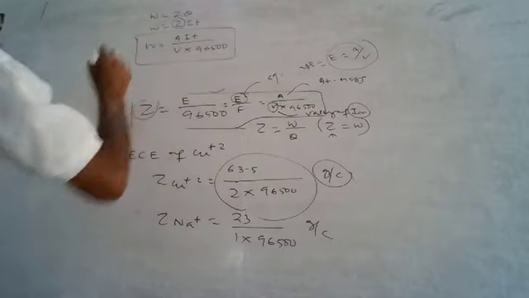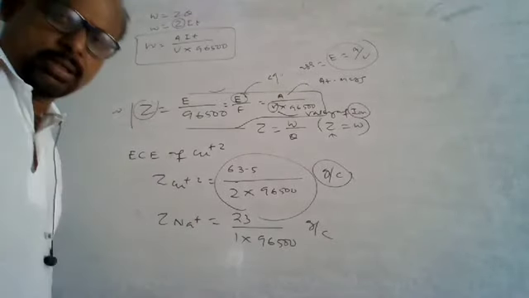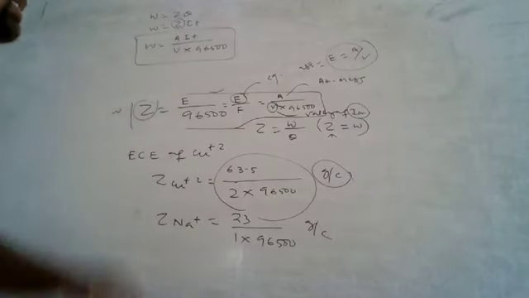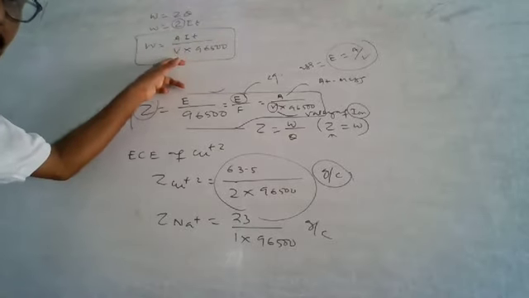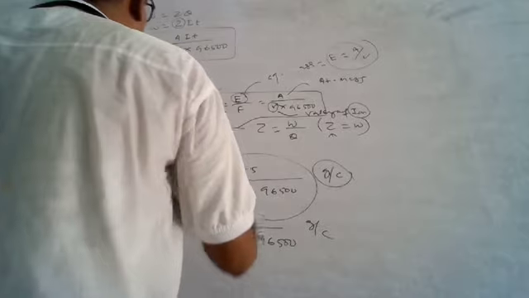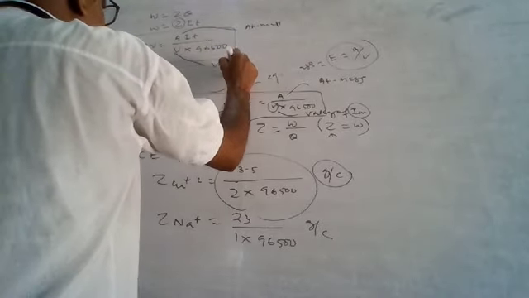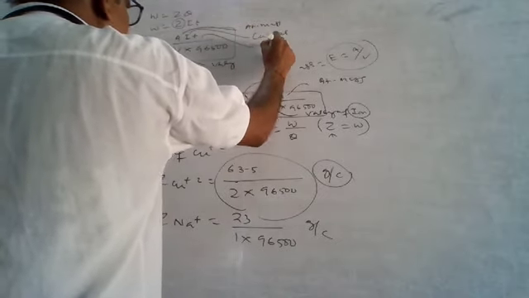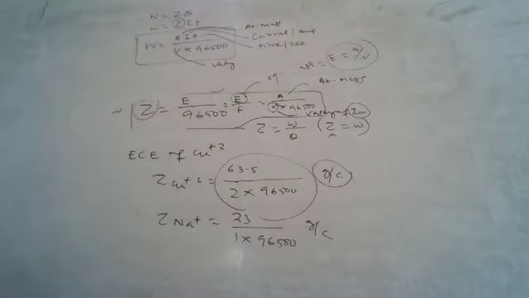This is the latest formula. A is the atomic mass, V is the valency of the ion, I is the current in ampere, T is the time in second. All these values we will put.